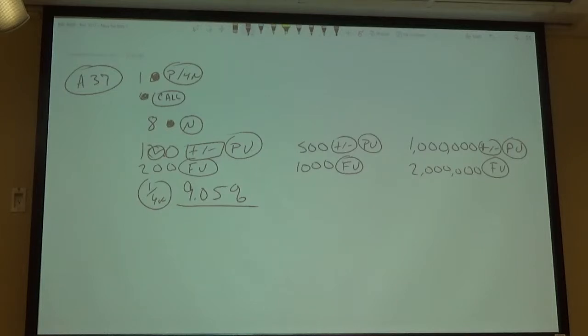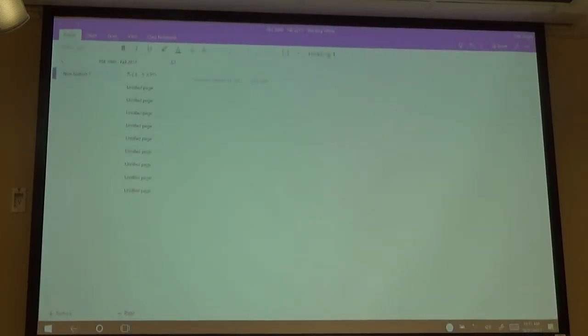Okay, let's do a simple one. A38. Because you want to do it. Okay. How many periods per year? One. You could put 1,000, 2,000. Okay. Clear all?